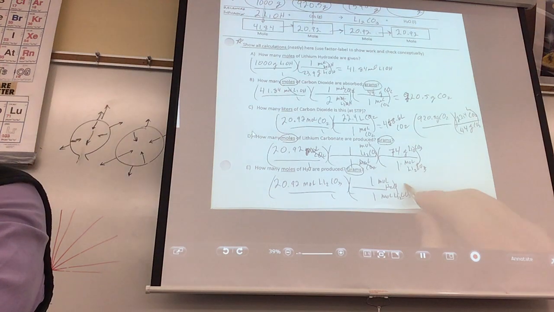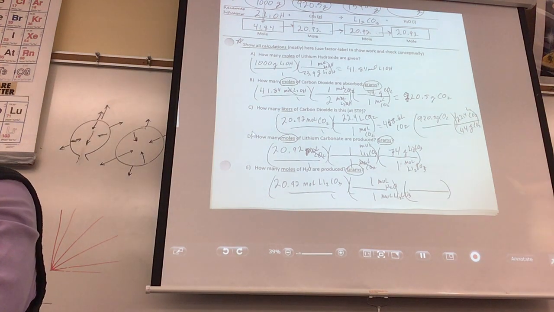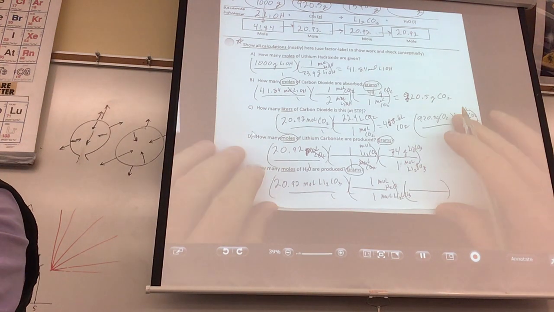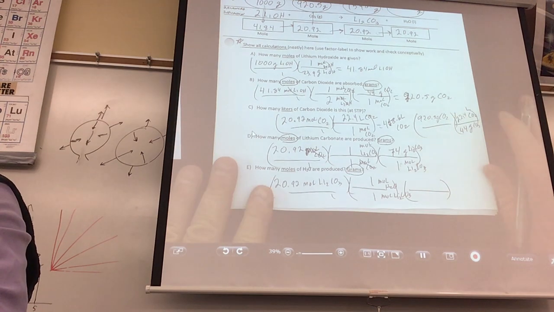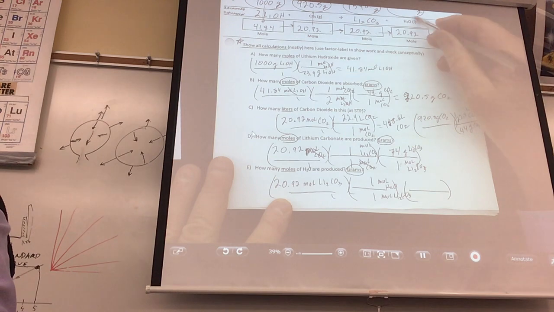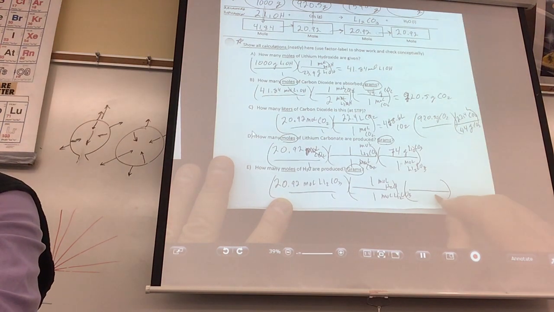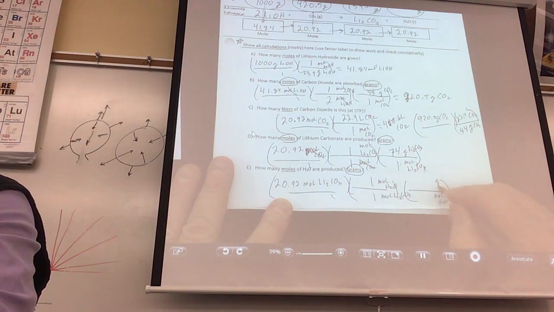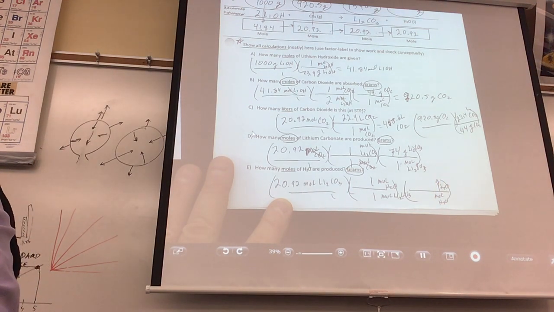And I have one more thing to do. It says change it into grams. Okay, so what we're going to do here, and Zach's going to help me, tell me in words. We're going to go from moles of water, yes, moles of water to what? Yes. Now, what do you know about water?